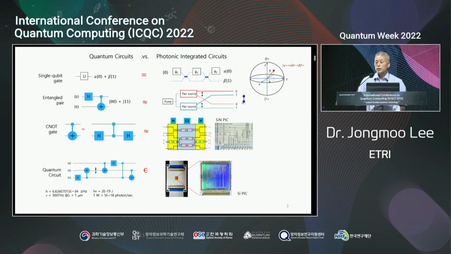So we make the entangled pair of qubits using this structure, and we call it a fusion operator. And we can also make a control-Z and control-NOT gate by combination of these Mach-Zehnder interferometers, and also more complicated quantum circuits like this.